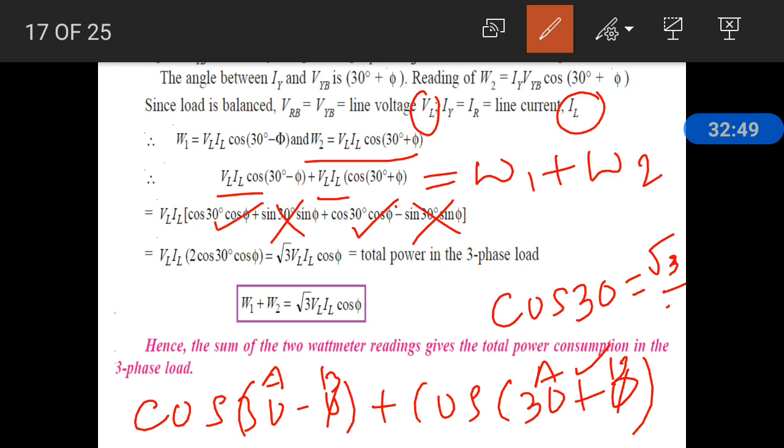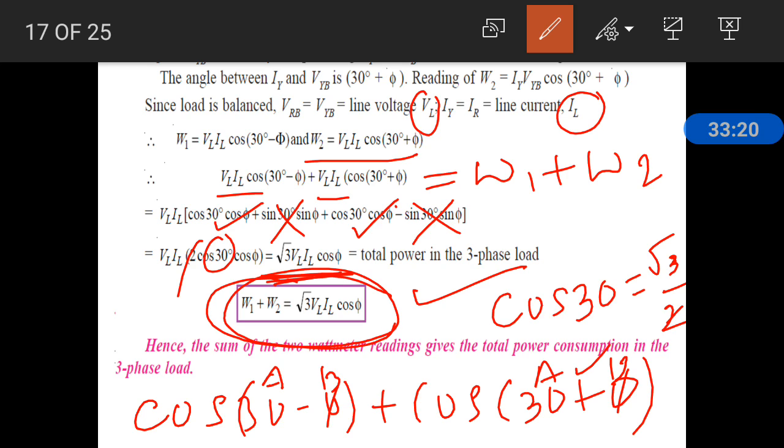Substituting, the 2 and the 2 cancel, remaining root 3 VL IL cos 5. We already know the three-phase power is root 3 VL IL cos 5. So W1 plus W2 means the total power in the three-phase circuit.